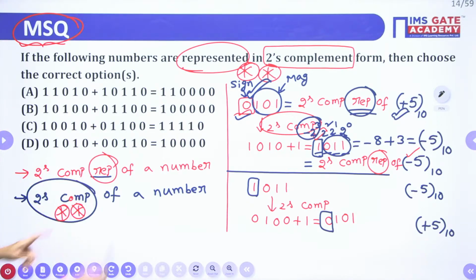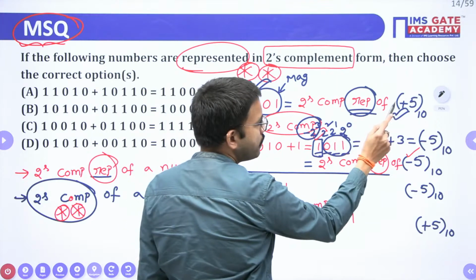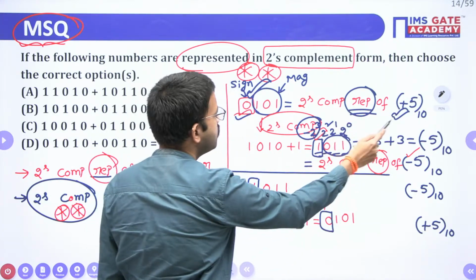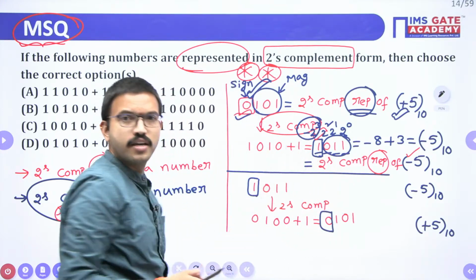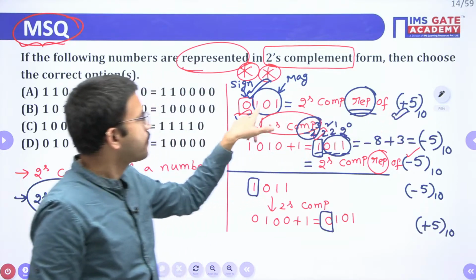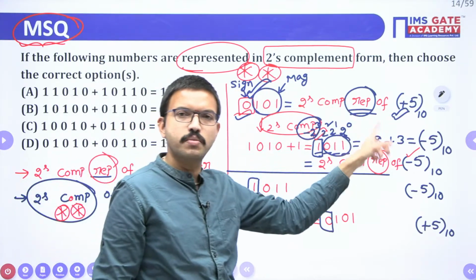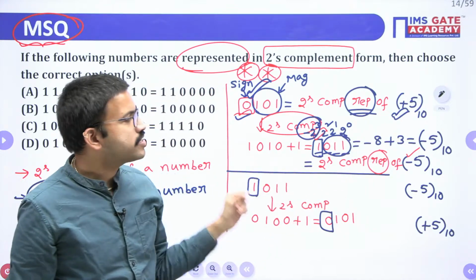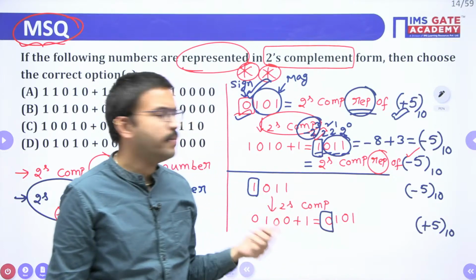Whenever the word representation is there, if you are having a positive number, the sign bit should be 0. If you are having a negative number, the sign bit should be 1. In general, we are very much comfortable with positive numbers in sign magnitude form. The same representation is applicable in 1's complement and 2's complement, but we are not that comfortable writing negative numbers in 1's complement or 2's complement.